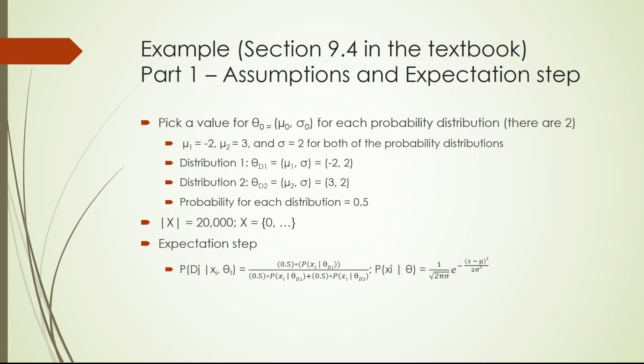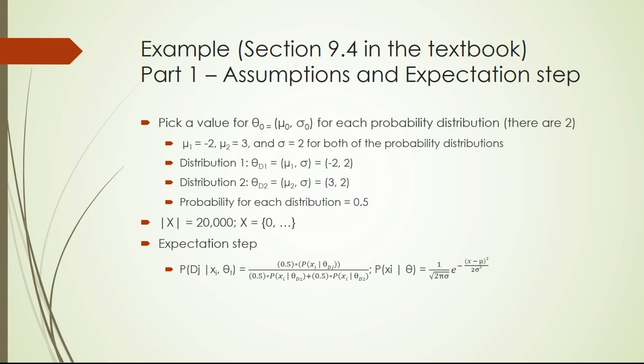Now for the expectation step. We calculate the probability that a data point x sub i will be assigned to a distribution dj. This probability is calculated for each data point in X for each probability distribution. In this example, the probability weight is trivial as it will just divide away. But this would not be the case if the weights were not equal.